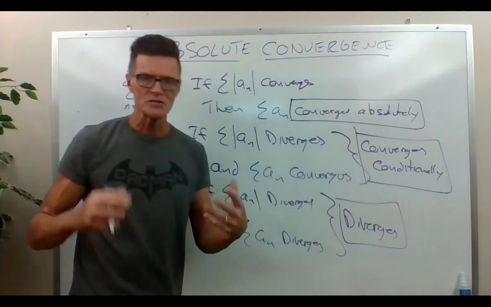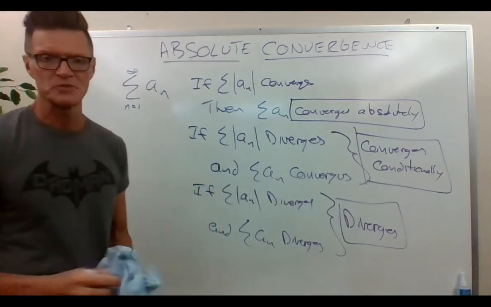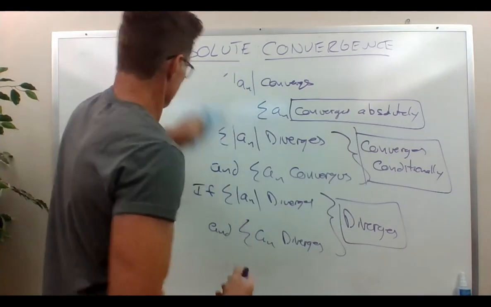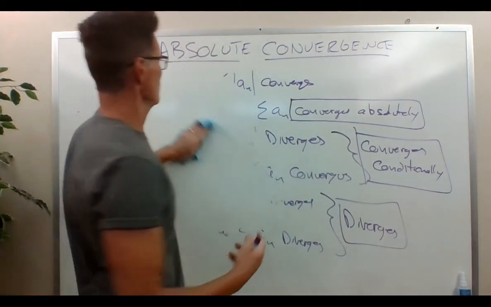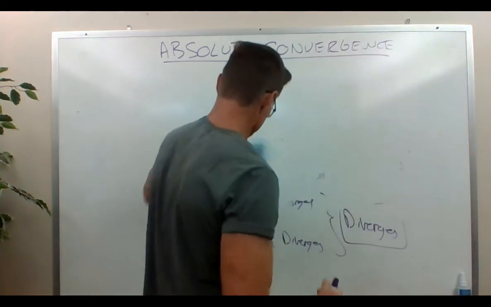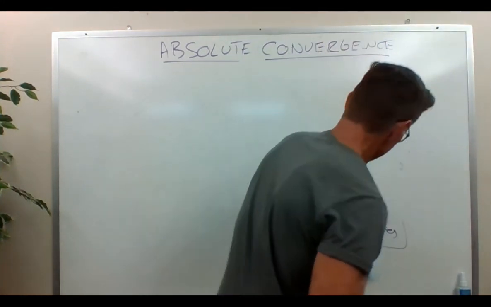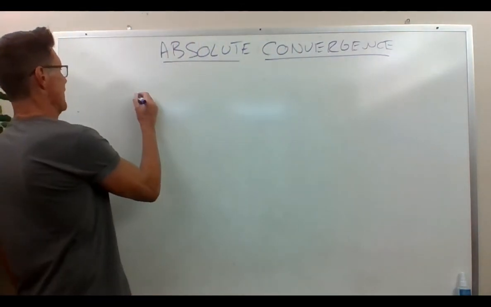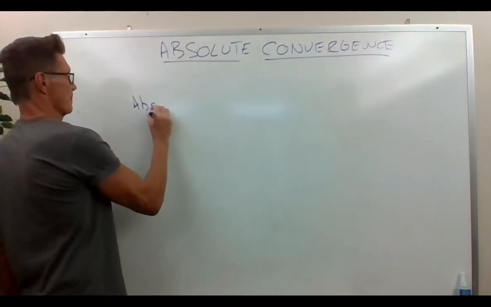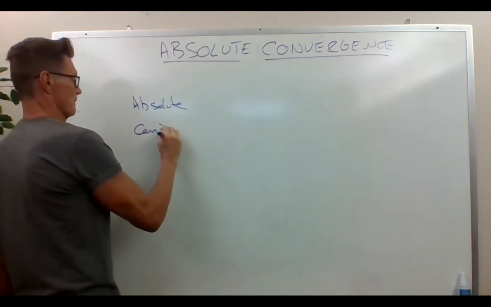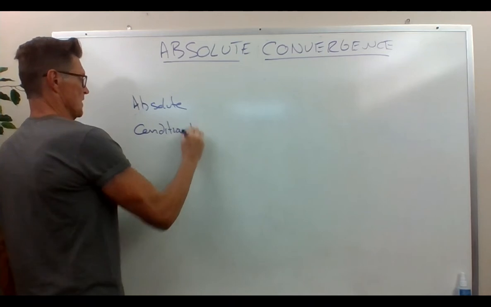I'm going to draw you a little chart here now. This is something that I just thought up, and I think it will be helpful to remember what you have to do here. So we are going to have absolute convergence, conditional convergence, and divergence.